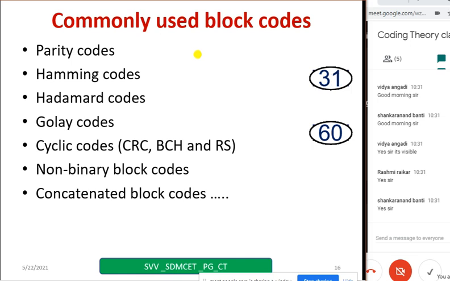In the cyclic codes, in the bracket you can write CRC, BCH, RS codes, then non-binary block codes, followed by concatenated block codes.